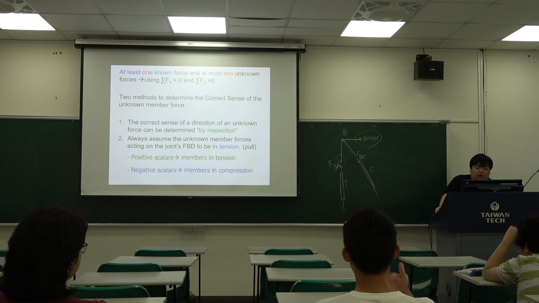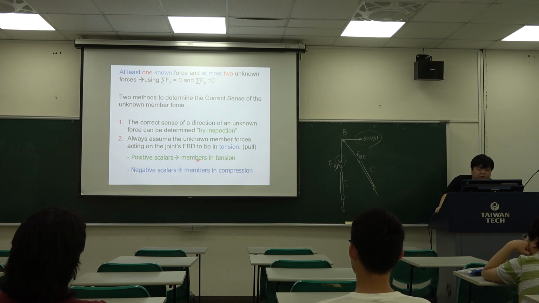And in the free body diagram, we show the force value. If the force value is positive, we call it tension. If the force value is negative, then we call it compression.